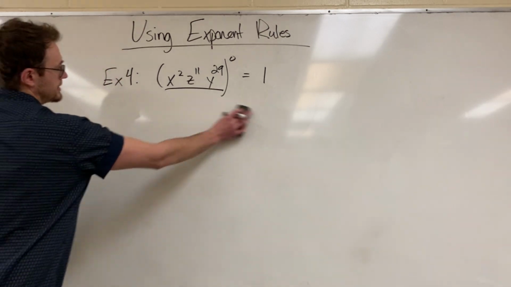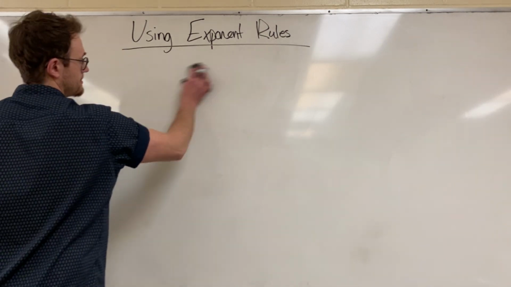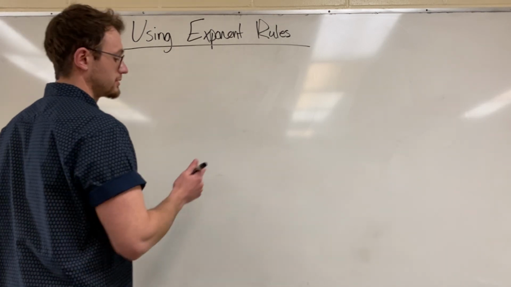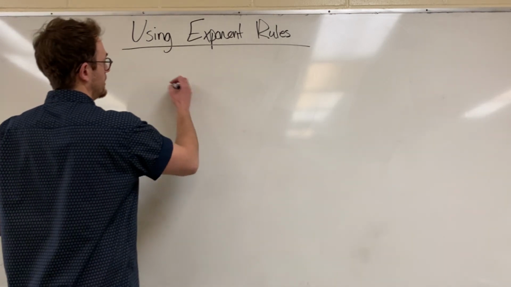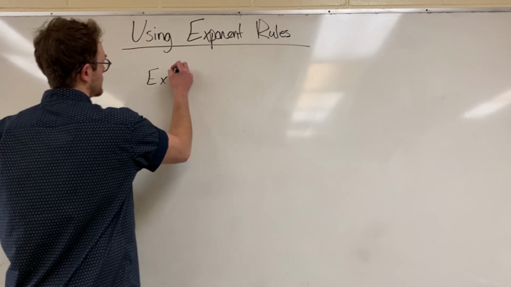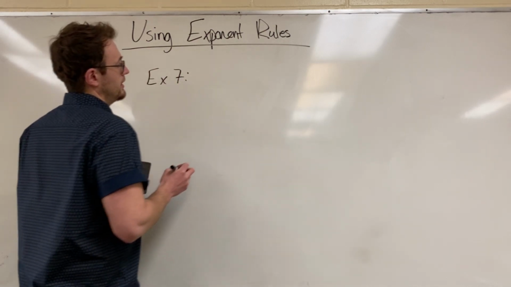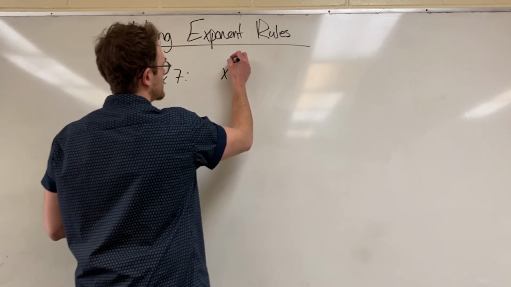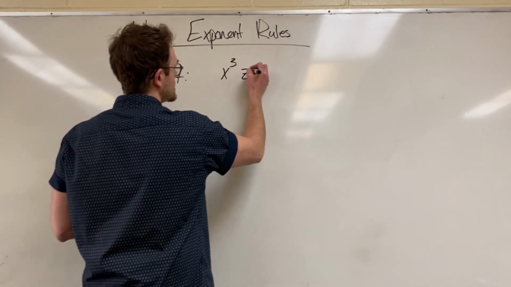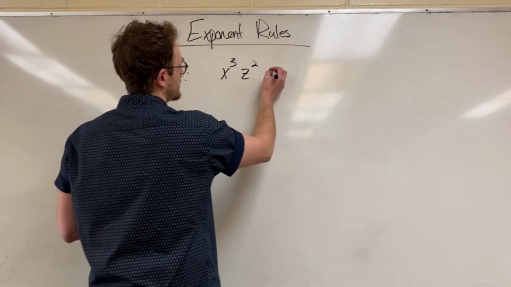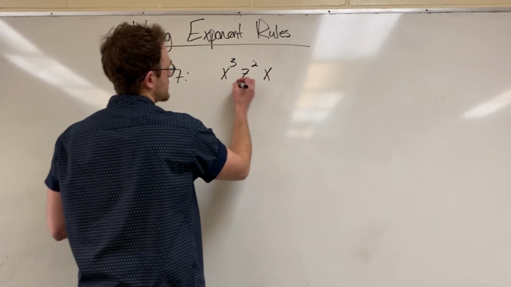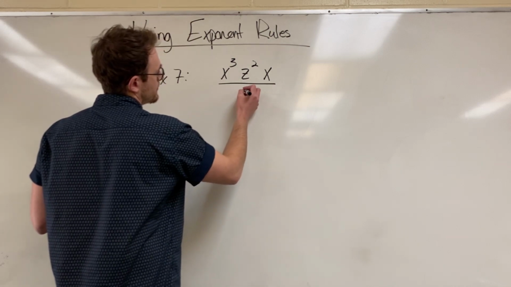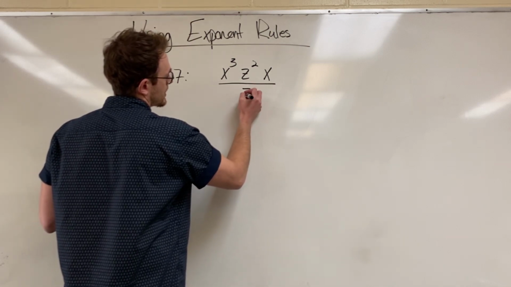Now we're into the fun examples where math teachers love to just all of a sudden throw it all in together. All right, so example 7. Let's say I got x cubed z squared, another x over here, all over, let's say z.